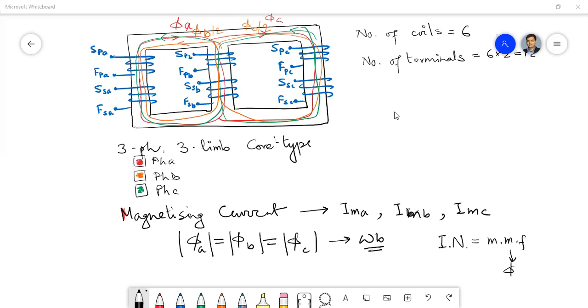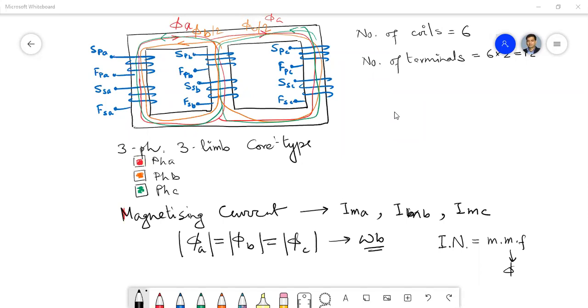Now, when A phase is producing some flux, it has to flow its own flux through the next limb, but the other limb is far away from it. That is the limb allocated for C. যখন A phase flux তৈরি করছে তখন ও ফ্লাক্সটা বি ফেজের লিম্বটার মধ্যে দিয়ে ফ্লো করাচ্ছে যেটা ওর কাছেই আছে, কিন্তু সি ফেজের লিম্বটা অনেকটা দূরে আছে.